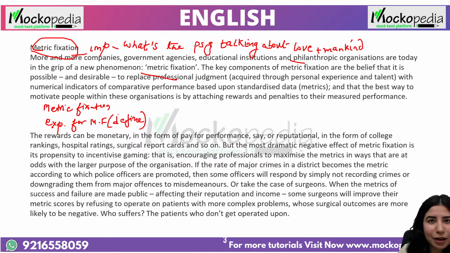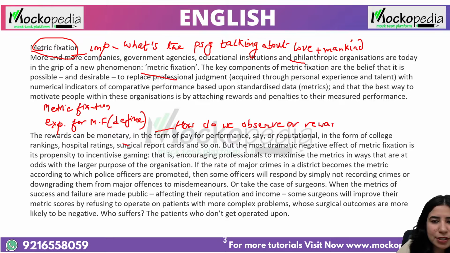So let's come to the next paragraph. The rewards can be monetary in forms of pay for performance, say, or reputational in forms of college rankings, hospital ratings, surgical report cards, and so on. So how do we observe the results, right? Observe or reward, right?